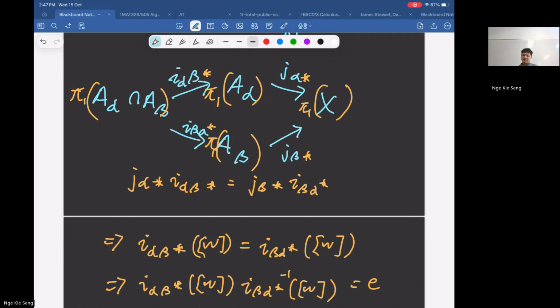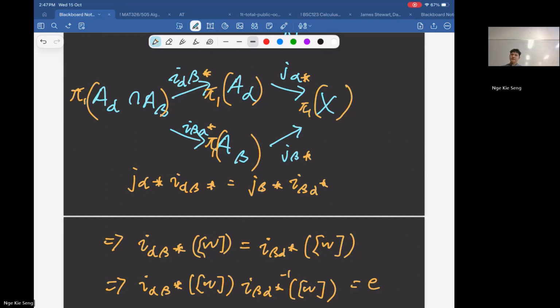You can read Hatcher, but it's very hard to read. I got another proof from Oscar Randal-Williams' notes, where we only do it for two open sets, while Hatcher does it for more general open sets. You can compare these two arguments; maybe it will help you learn.